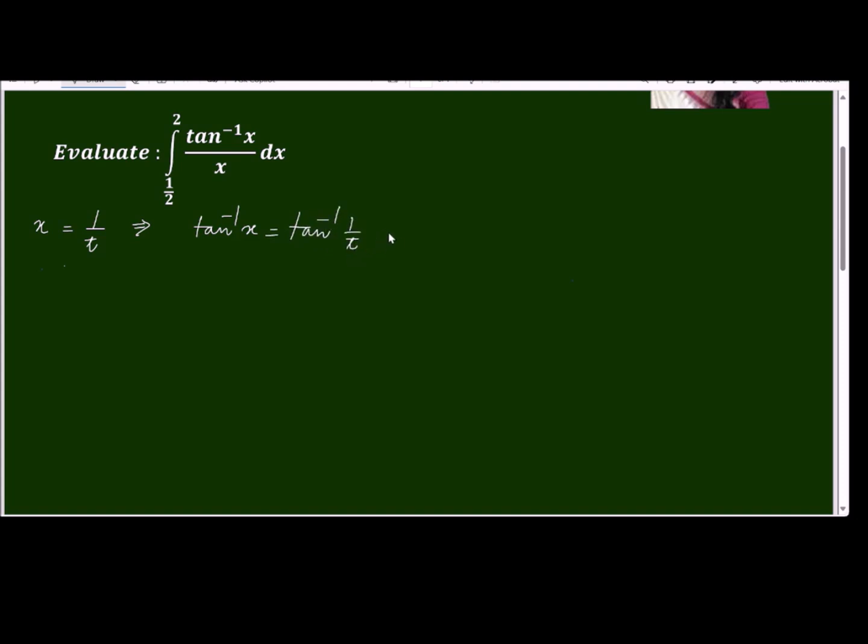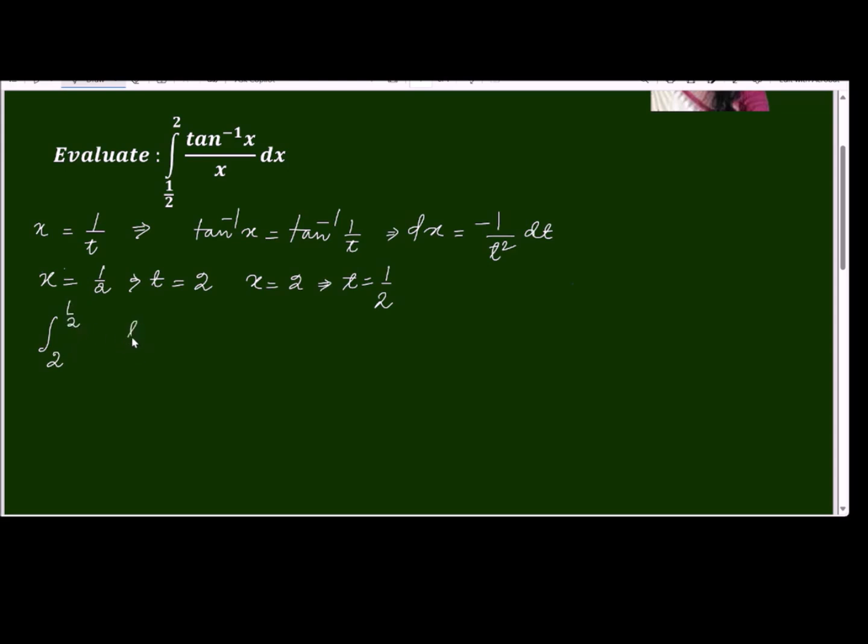And when x is 1 by t, dx equals minus 1 over t^2 dt. Then coming to limit, when lower limit x is half, t equals 2, and when x equals 2, t equals half, because t is 1 by x. So the limit will be reversed.